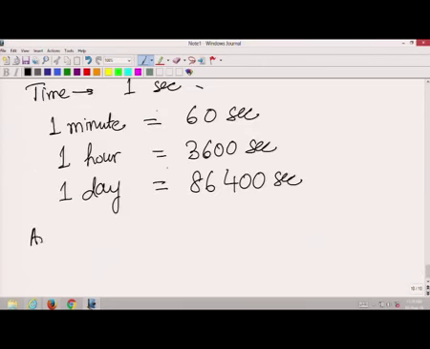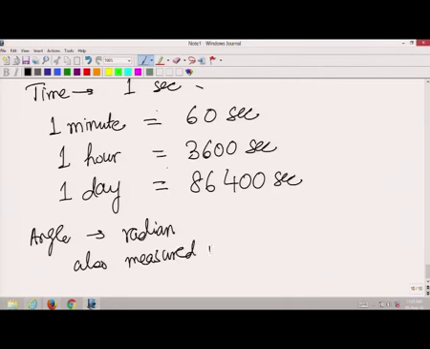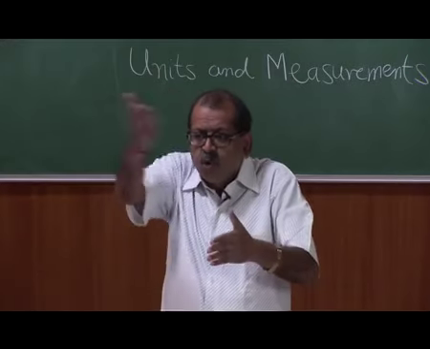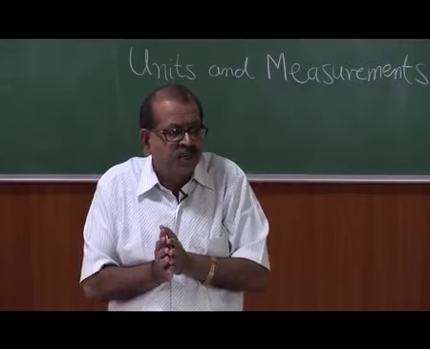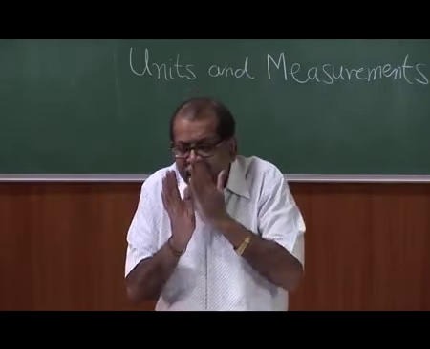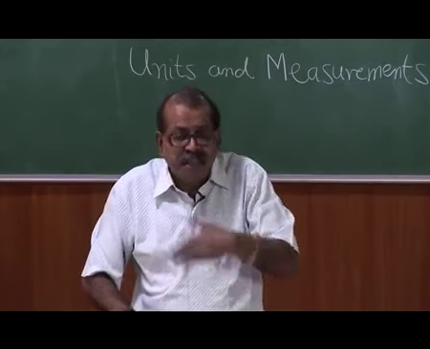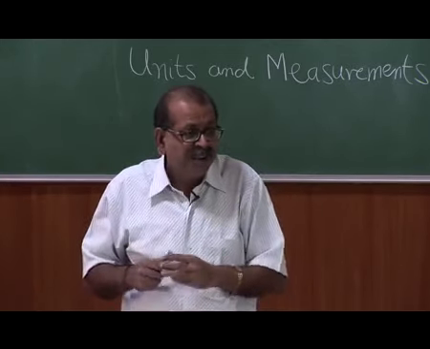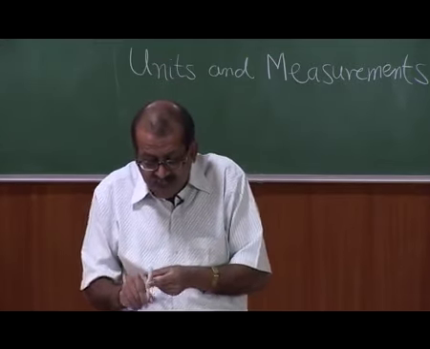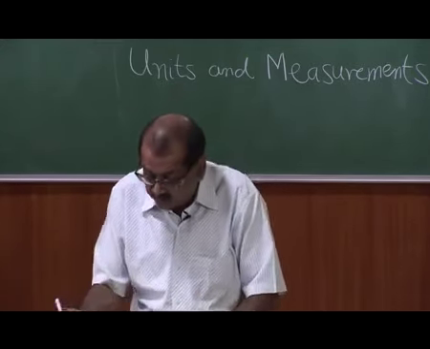So, for angle we have different units. Radian is what we call the SI unit, but angles are also measured in degrees. As we said, when we go around a circle, this angle is 360 degrees, but sometimes the angles may be very small, so even the degrees are further broken into smaller units, and the way degrees are broken goes exactly like what we do for time.